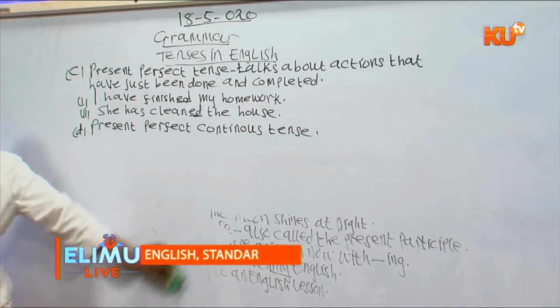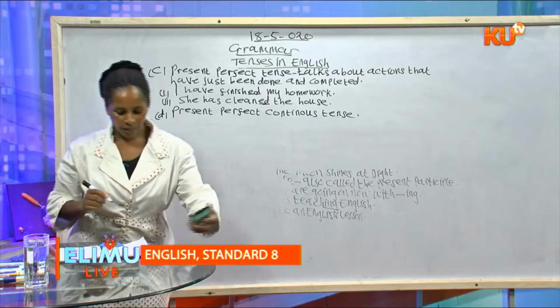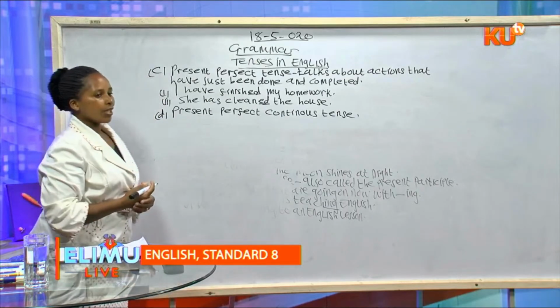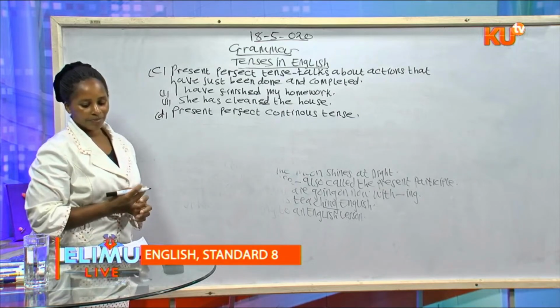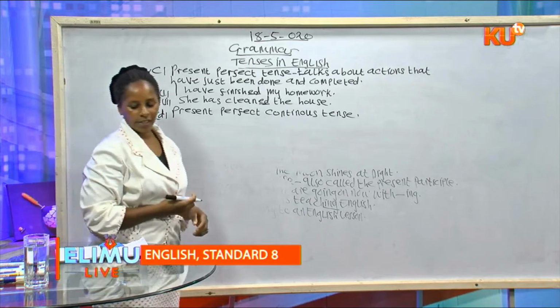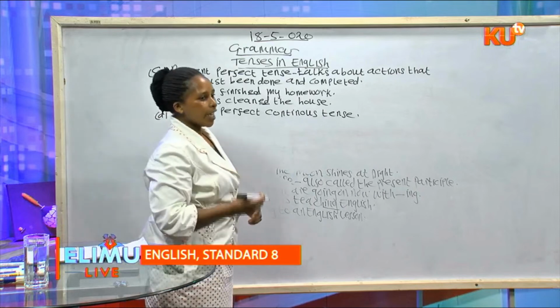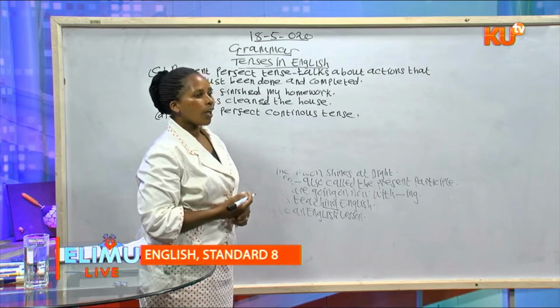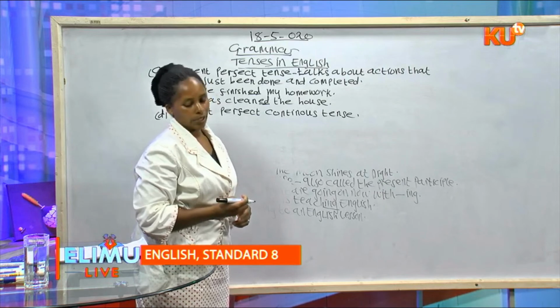With the present perfect continuous tense, this one talks about actions that have been going on. The actions can either be complete or they can still be going on.